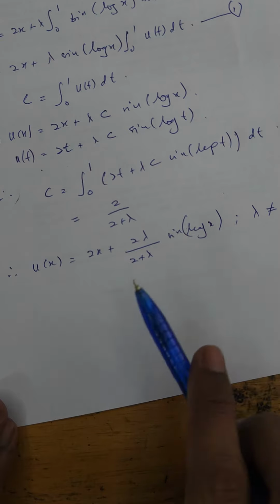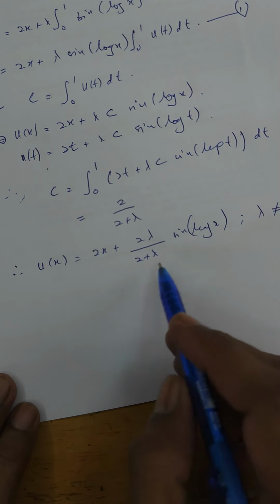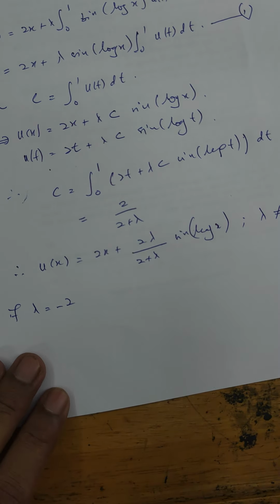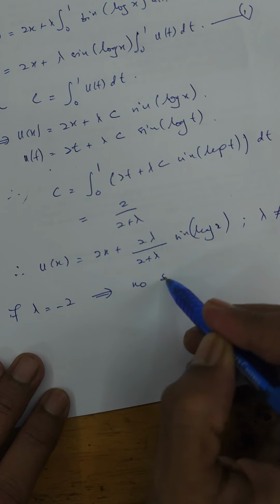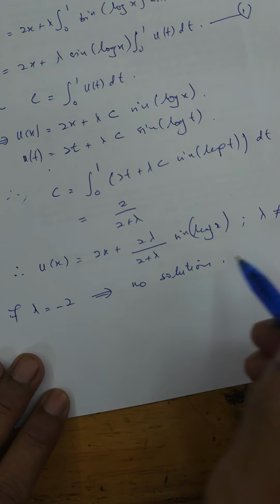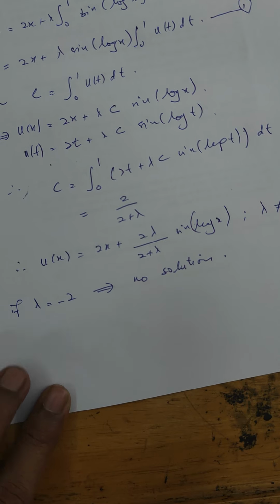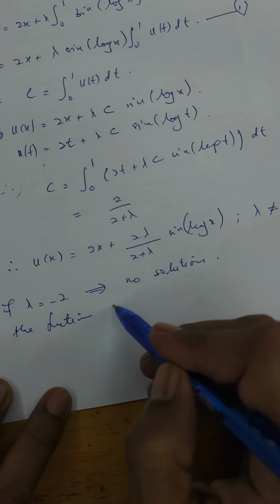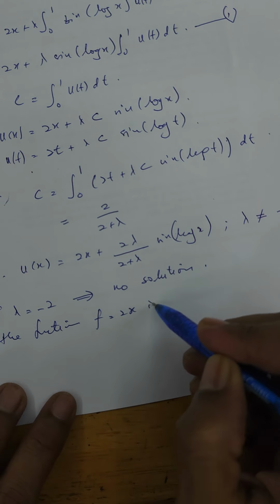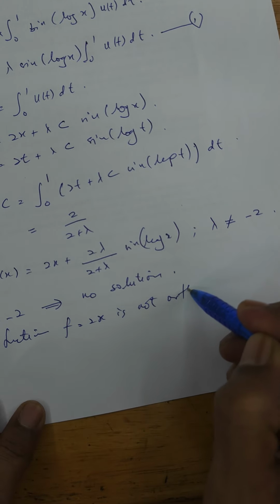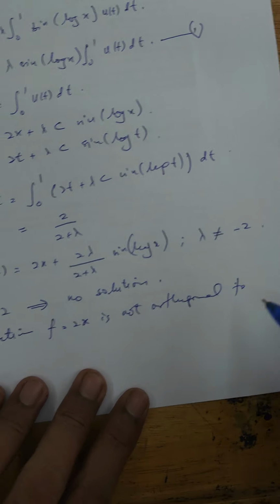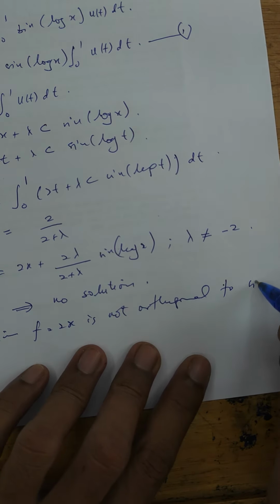So clearly in this case, if lambda equals minus 2, we have no solution. Okay, so the function f equal to 2x is not orthogonal to the function sine log x.